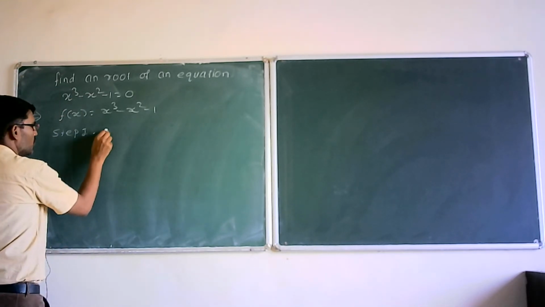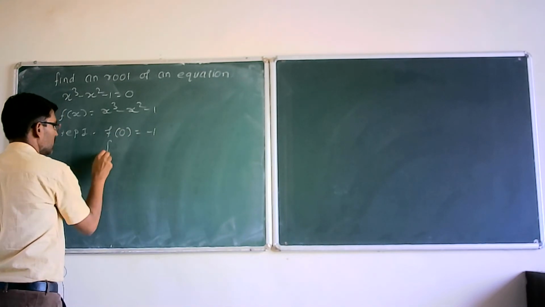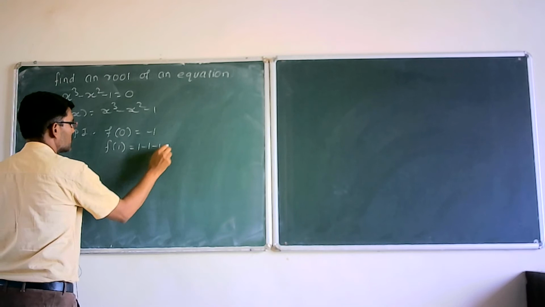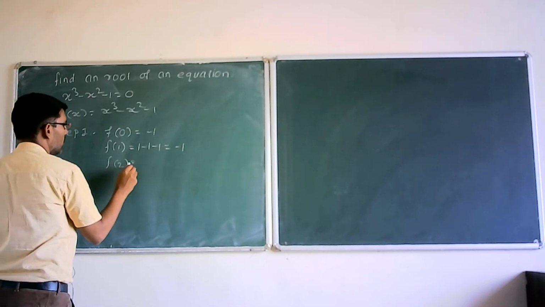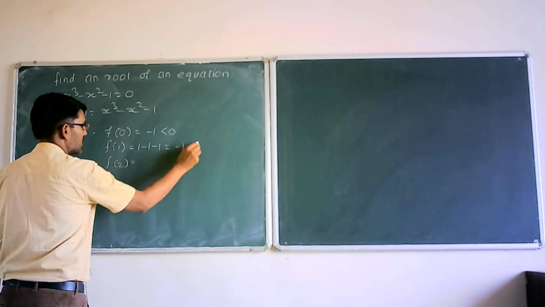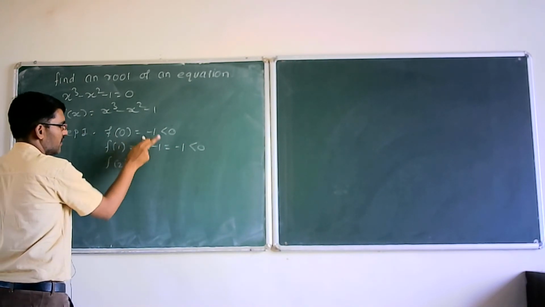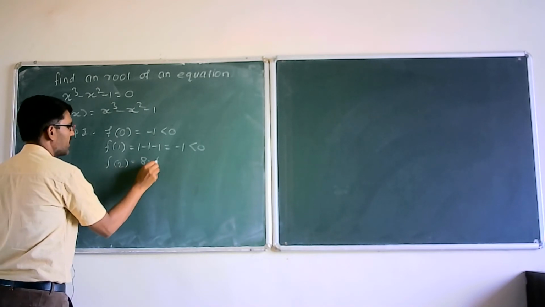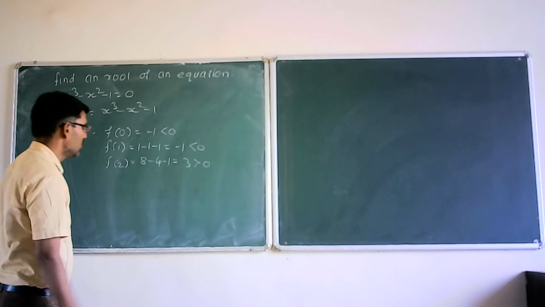So if you put in f(0), you get −1. f(1) is 1 − 1 − 1, again −1. Both are less than 0, so our root does not lie between 0 and 1 because they have the same sign. Next, f(2) is 8 − 4 − 1 = 3, which is greater than 0.